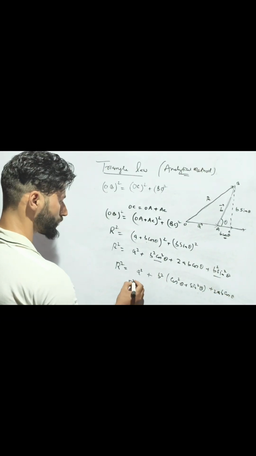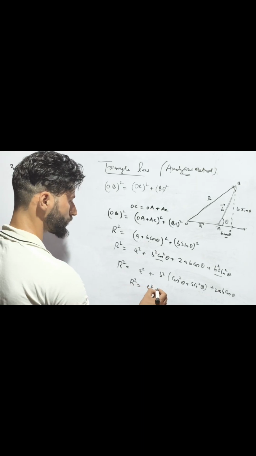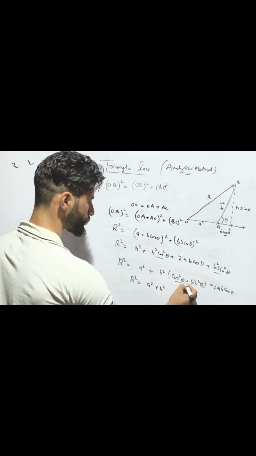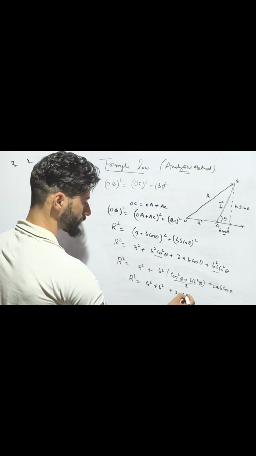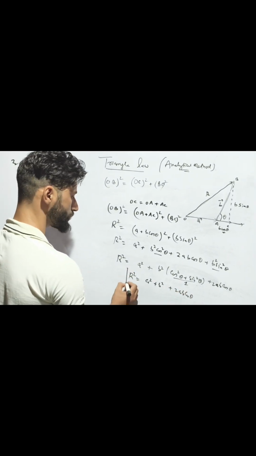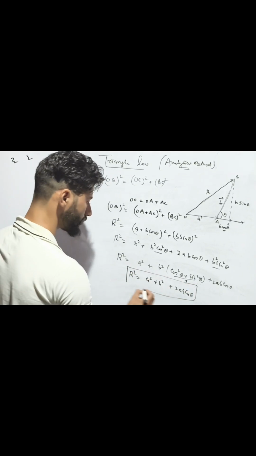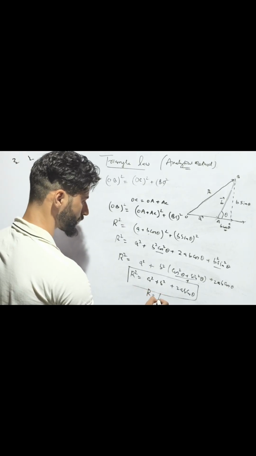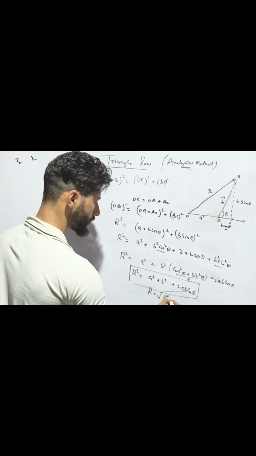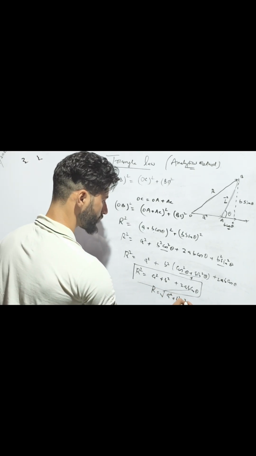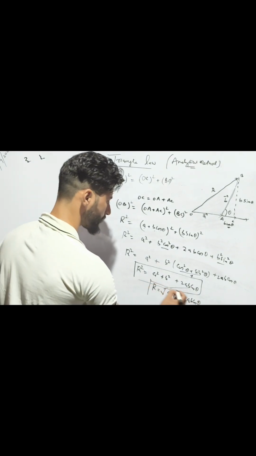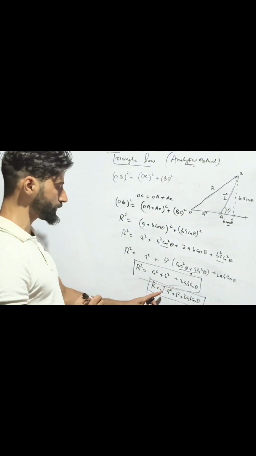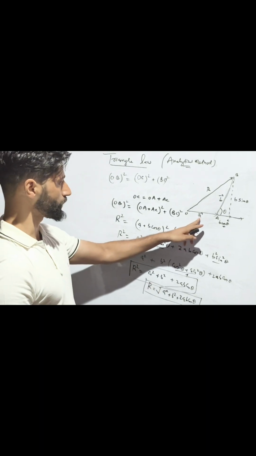Since cos square theta plus sin square theta is equal to 1, R square equals A square plus B square plus 2AB cos theta. So R is equal to the square root of A square plus B square plus 2AB cos theta. This is the magnitude of the resultant of the two vectors A and B.